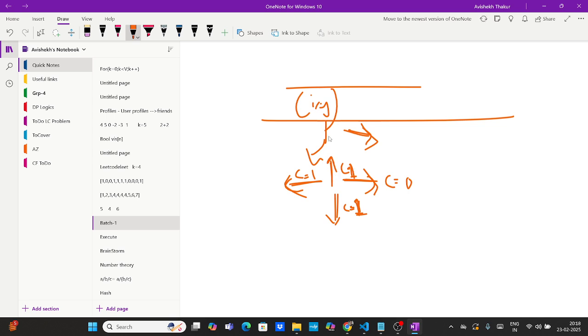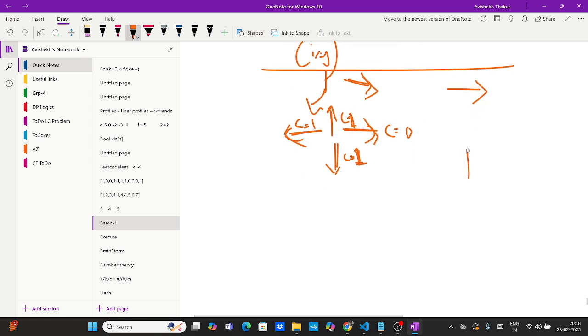So after popping I, J, let's say the arrow is like this. If I am going here or here or here, can I say the cost will be 1 extra?